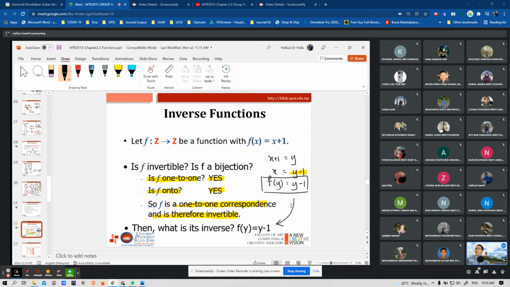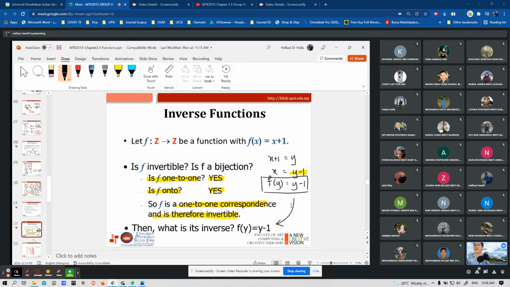Inverse function. Let f from integers to integers be a function with f(x) equal to x plus 1. Is f invertible? Is f a bijection? Is f one to one? Yes. Is f an onto function? Yes. So f is a one-to-one correspondence, therefore it is invertible.